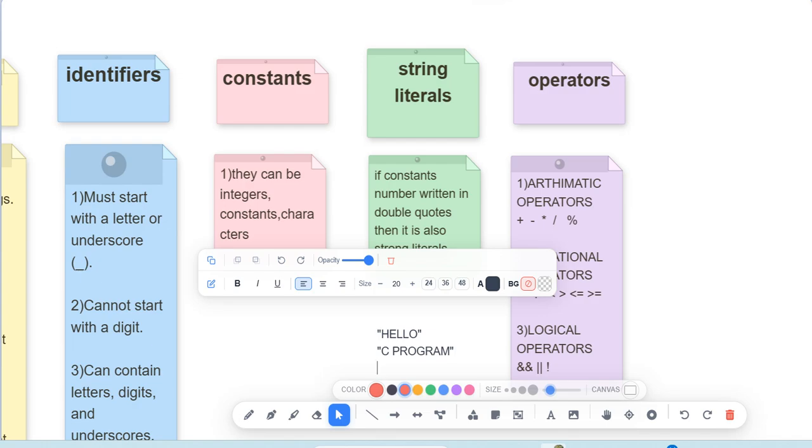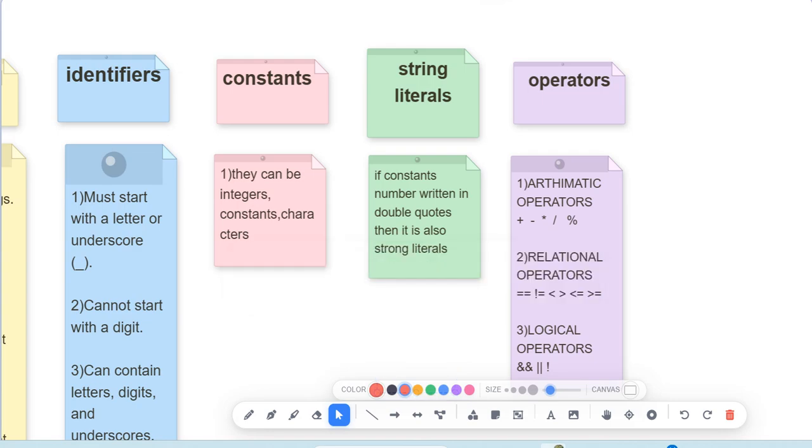Here the most important thing I wanted to discuss is that if some number like 78 is kept in between these two double quotes, then it is also considered a string literal. Okay, I think you got an idea. If we keep a constant in between the two double quotes, then it is also considered a string literal.